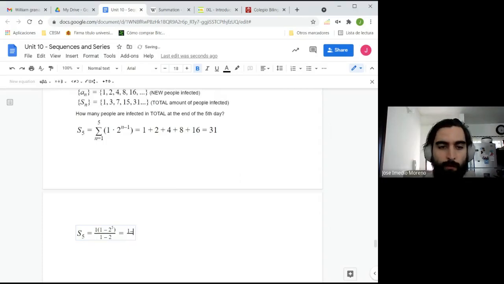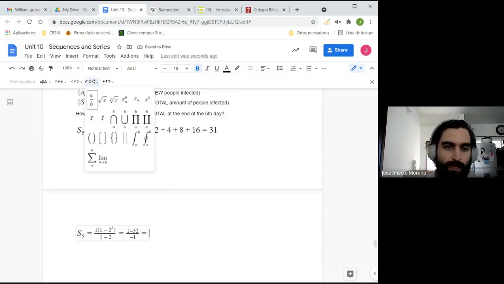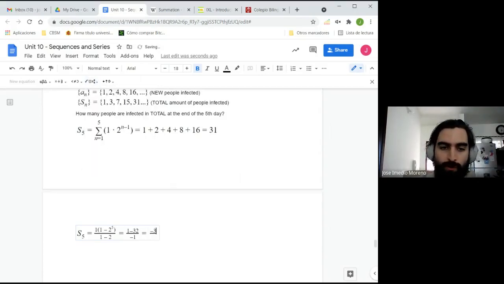So this is 1 minus 2 raised to the power of 5 is 32. And down here we have minus 1. So this is 1 minus 32 is minus 31 divided by minus 1, positive 31. We get the same result.